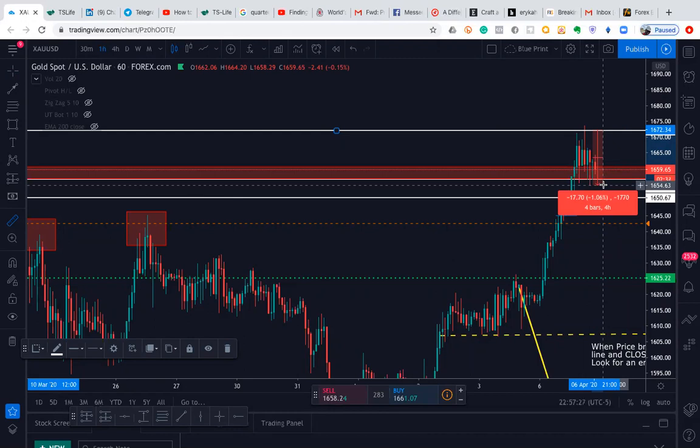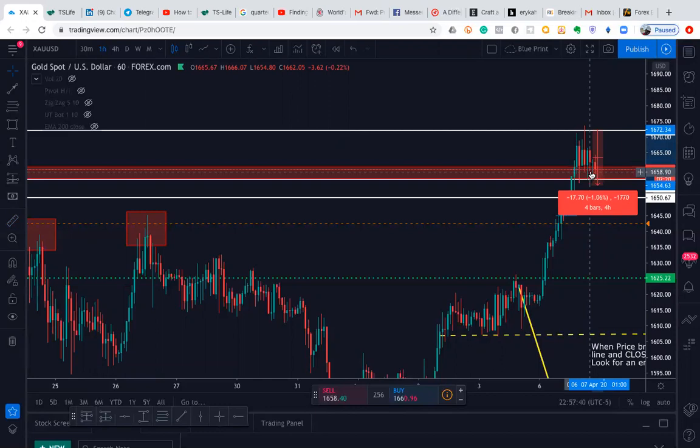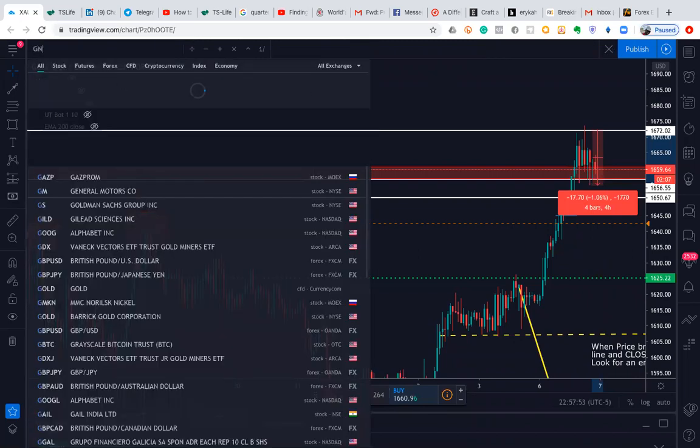So that's 17, let's just say 18 pips on gold. And so I got out right around in here. I didn't stay in because I don't really trust gold. So all right, let's go back to GB.